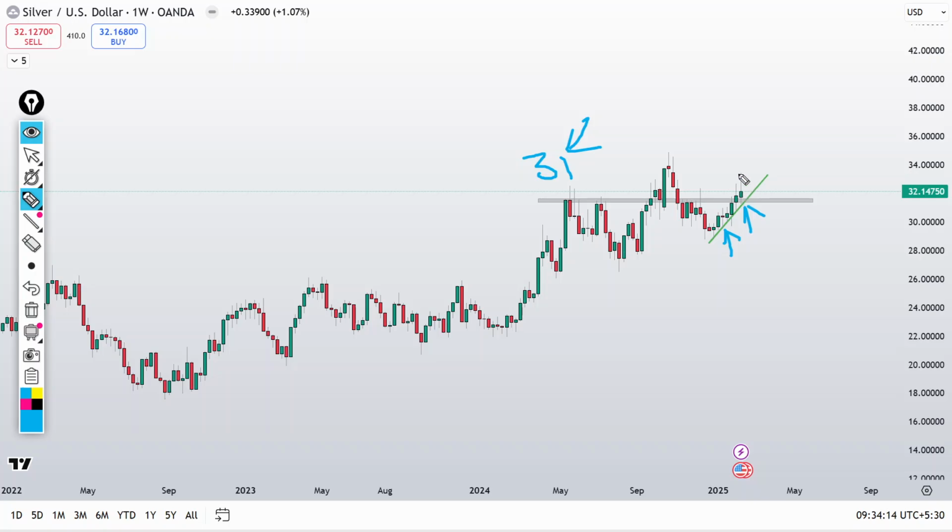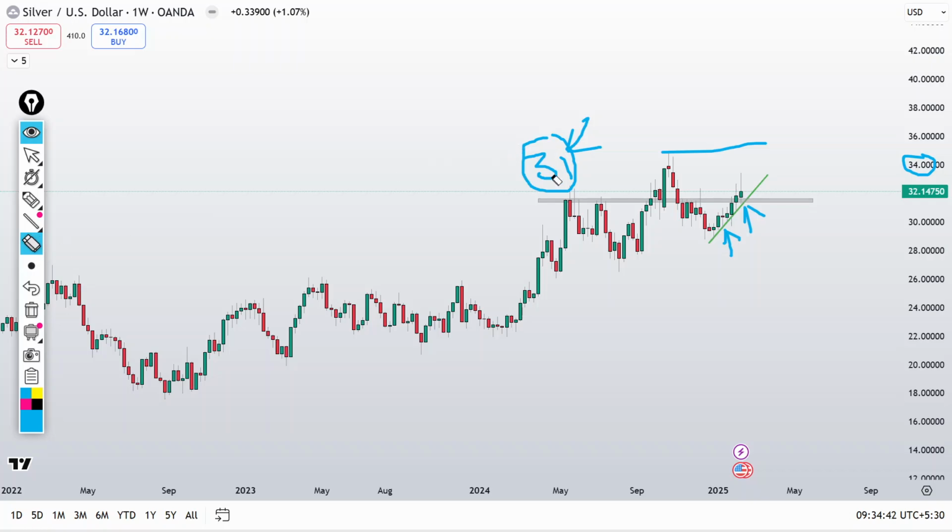So we have to plan only buy on silver on retracement, and we can consider 31 as a major support on weekly close basis. And on the higher side, what target can we expect? Yes, 34 and 35 is our next target on silver, and silver is more bullish.